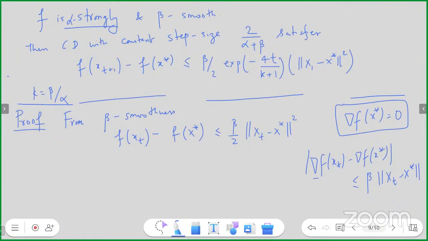So on the left hand side, all I have is del f of xt. But here I'm asking for something else. Here there is a something by 2 and a product. How am I going to manufacture that? You'll have to use some other property.